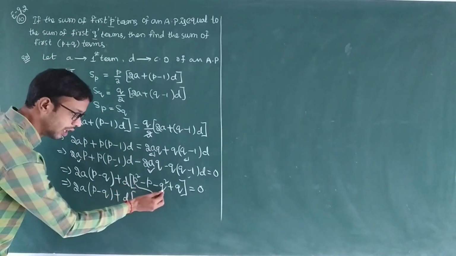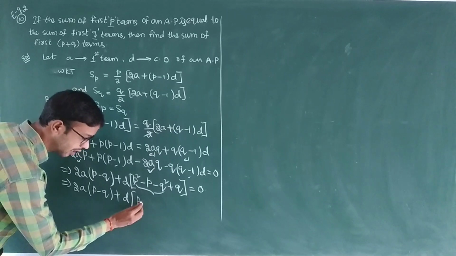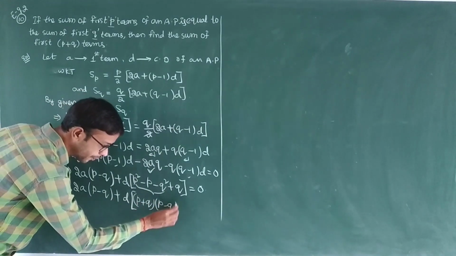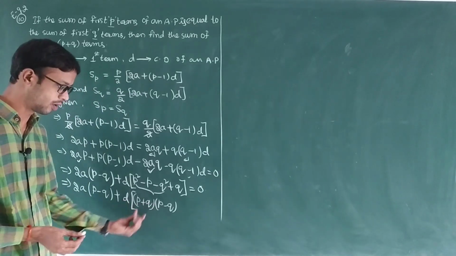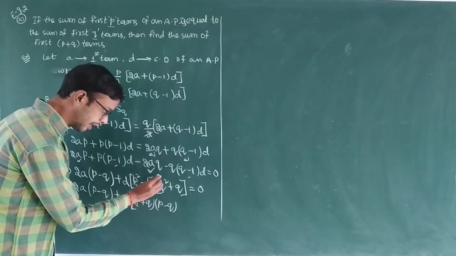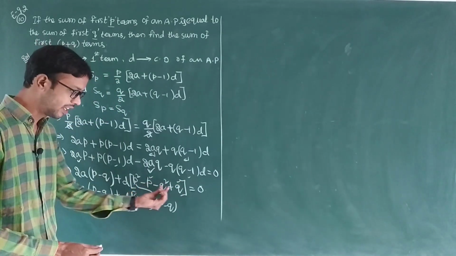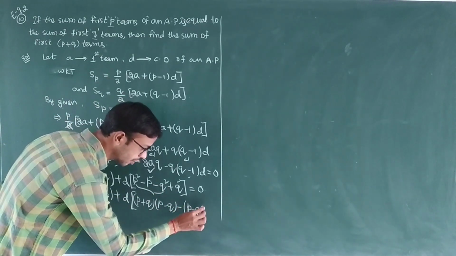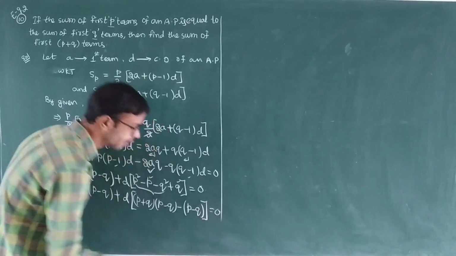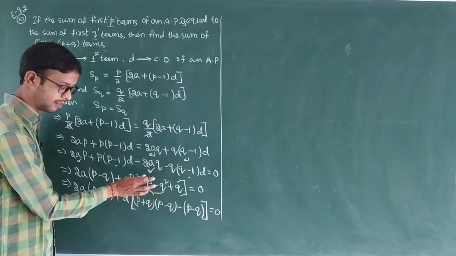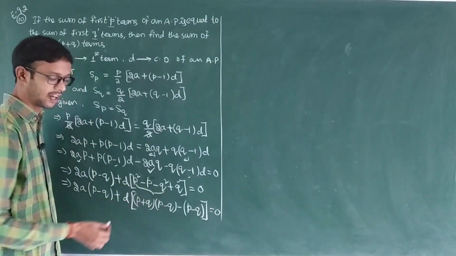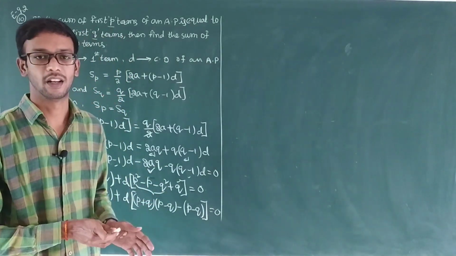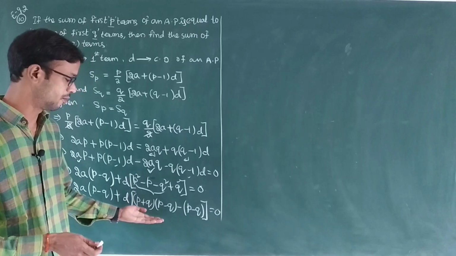Here also a plus b is there, so (p plus q) into (p minus q). Next, in these two, I am taking common minus of (p minus q). First of all, in these two places, we are writing using the a square minus b square formula. I am using it here.